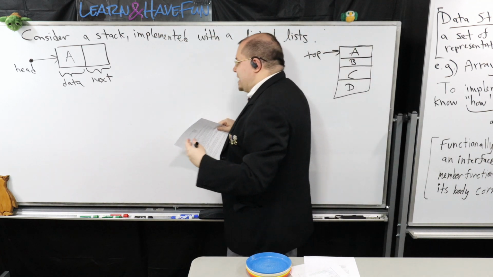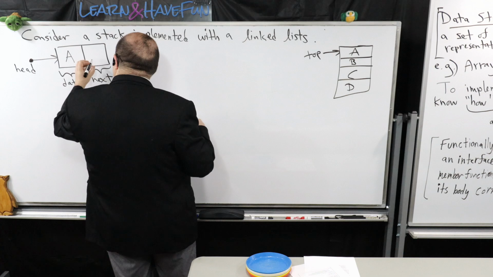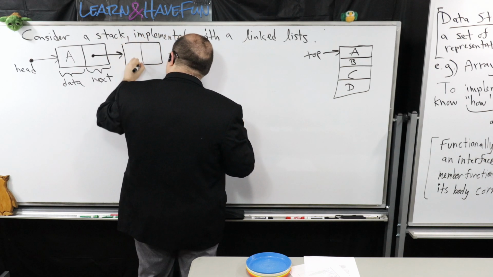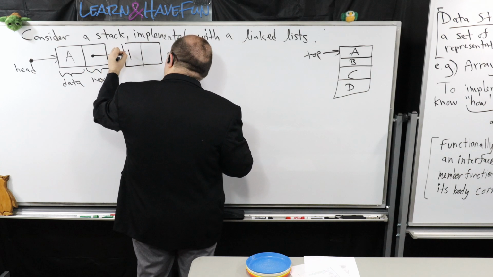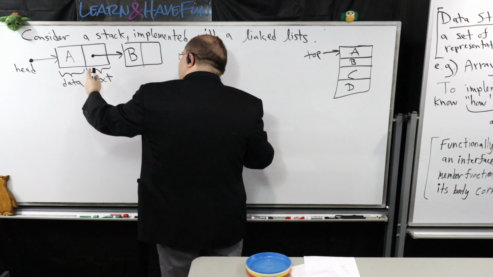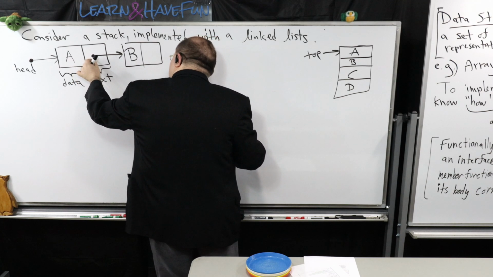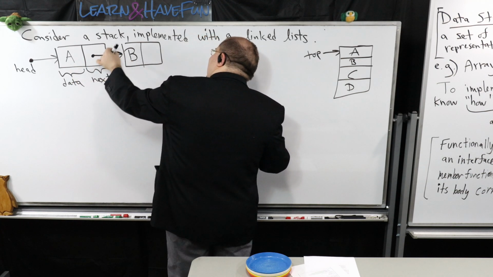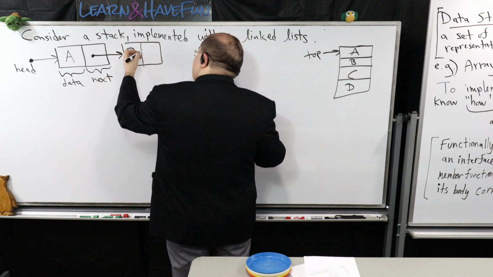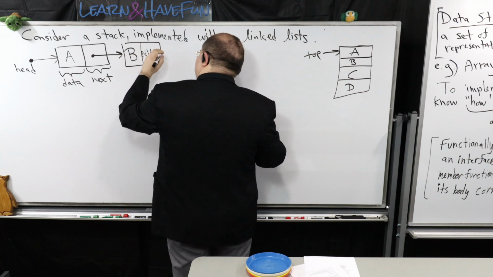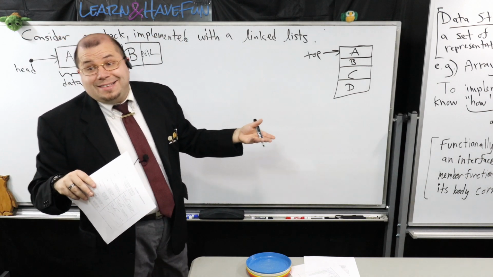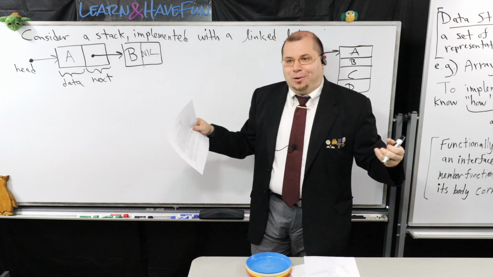So, for example, if I wanted to have a linked list with elements like A and B, I might have one node that has A in it. The next attribute will point to the node that has B as its data attribute, and its next attribute, in this case, suppose that there is nothing after, we would just have a null pointer as its next attribute, or nil, or null.